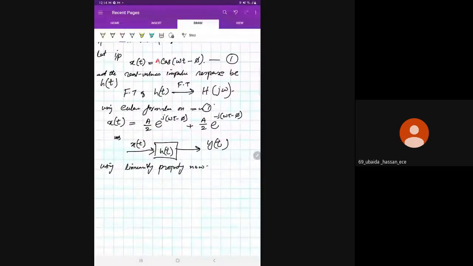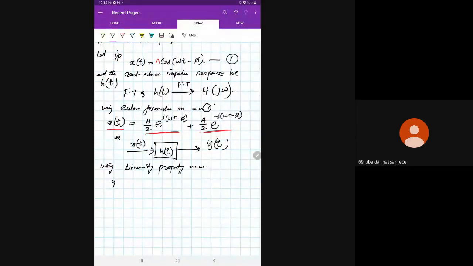One term is here, another term is here. Our x of t, which is basically the input, is made up of two different exponential signals. One is e to the power plus j theta, and the second is e to the power minus j theta. So it is made up of two different terms. That's why we'll use the linearity property.